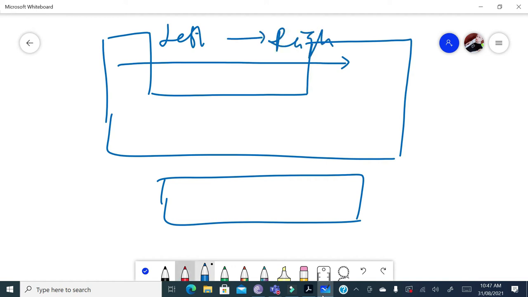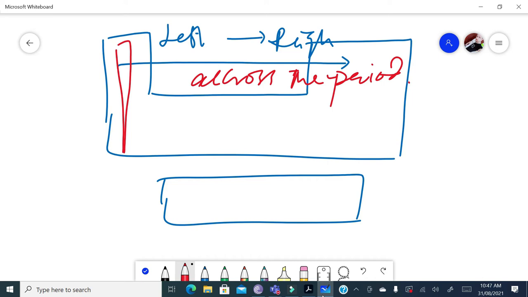I call this across the period. And when I'm moving down in a group, here I call it down the group. Right? So down the group, across the period.